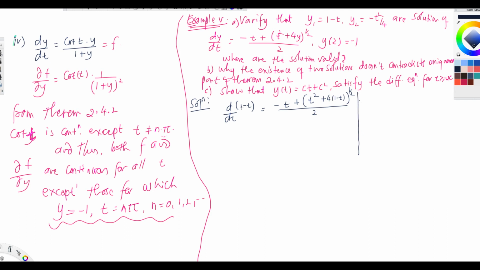You get derivative of 1 is 0, so that will be negative 1. In the left side you get negative 1, on the right side you get negative t plus, what do you get? t square plus 4 minus 4t. So it is t square minus 4t plus 4, right? To the 1/2 over 2. So what do you get? That is negative 1 equals negative t plus the square root of (t minus 2) square, but there is an under root, right?